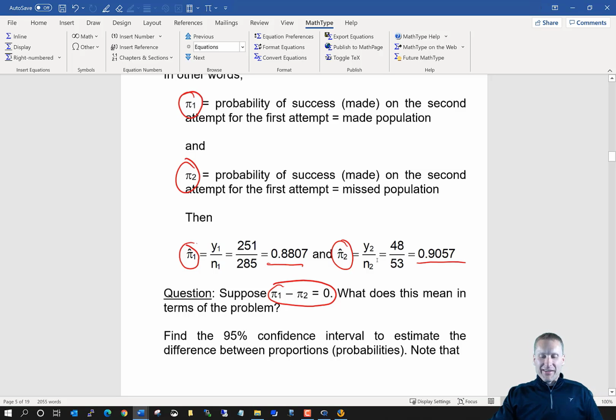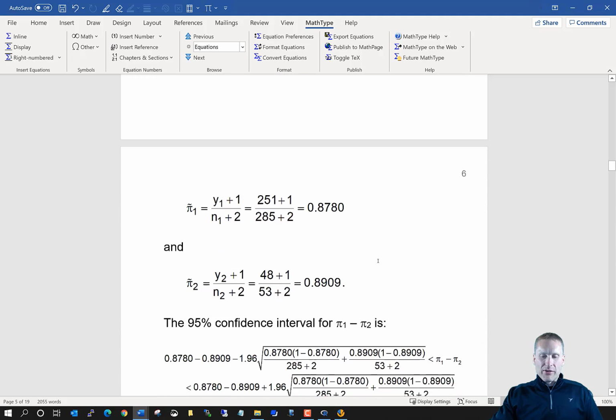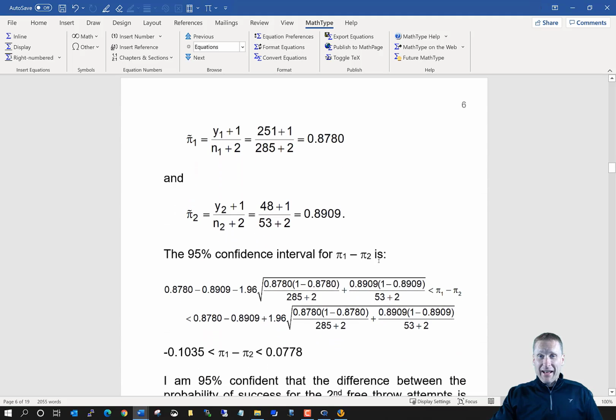Let's go ahead and find the confidence interval using the Agresti-Caffo method. Sometimes it's hard to remember to say Coull or Caffo. Now with Larry Bird, for pi tilde 1, our adjusted estimate, we add one success and one failure to our data.